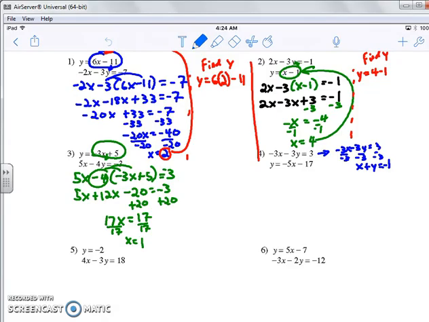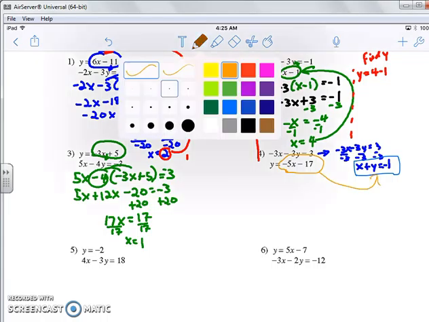Alright, as we ended 4, we talked about how we could divide everything by -3 and come up with a slightly easier equation to work with. I'm going to go ahead and do that. It seems like a good idea. So since y equals -5x minus 17, what we're going to do is take that -5x minus 17 and put it in place of y.